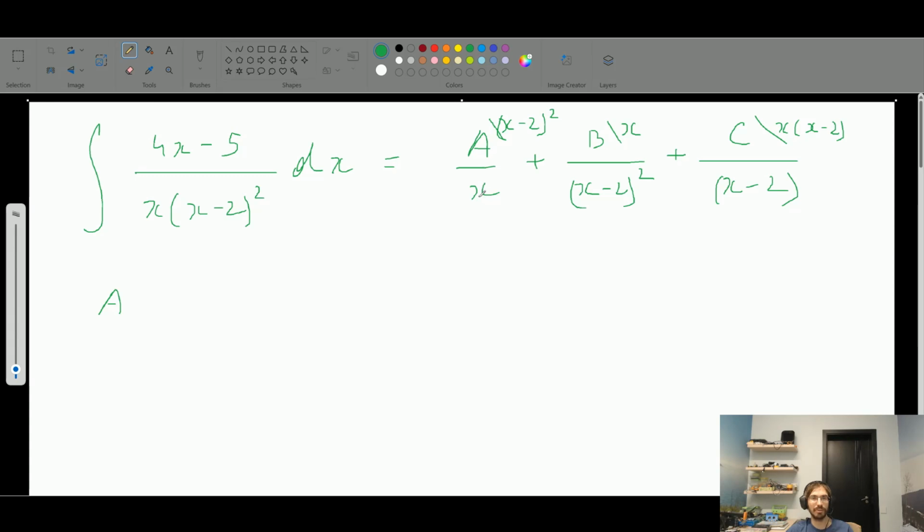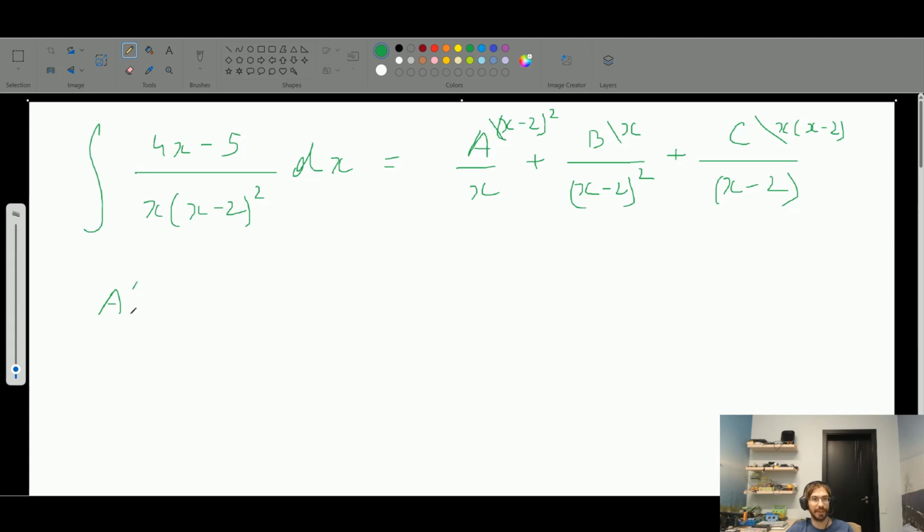For example, this fraction has x in the denominator, but you need to have x times (x minus 2) squared, so you need to multiply it by (x minus 2) squared. This fraction lacks only x, so we're multiplying it by x. But the third one doesn't have x minus 2 to make it squared, and it doesn't have x, so we have to multiply it by both of them.